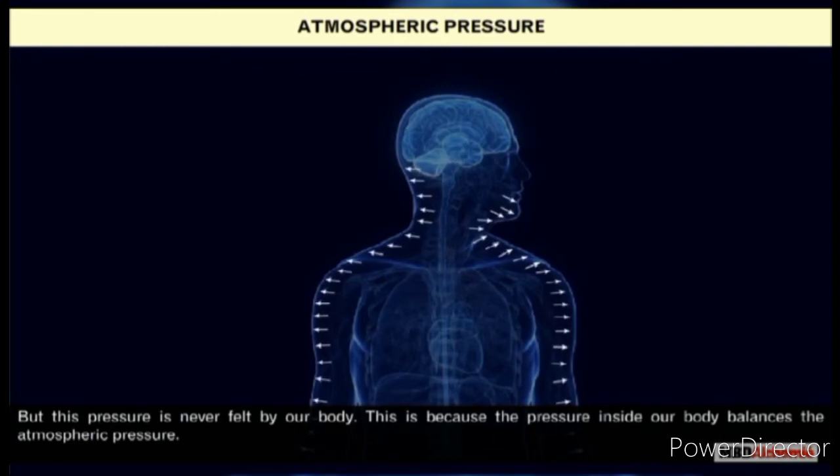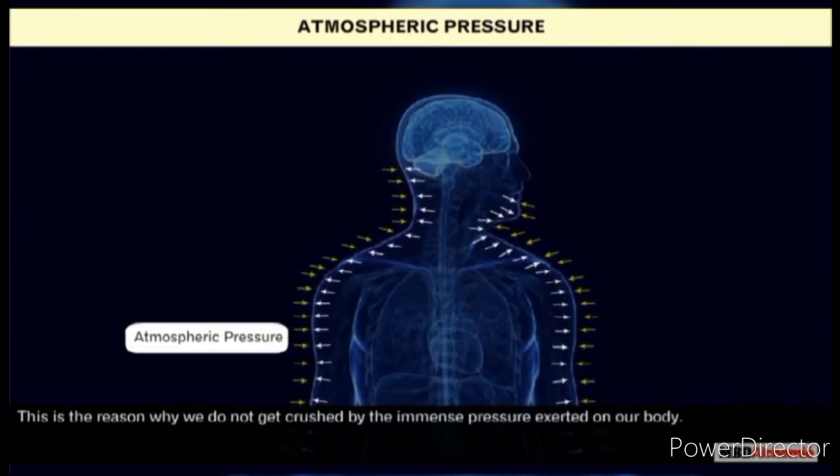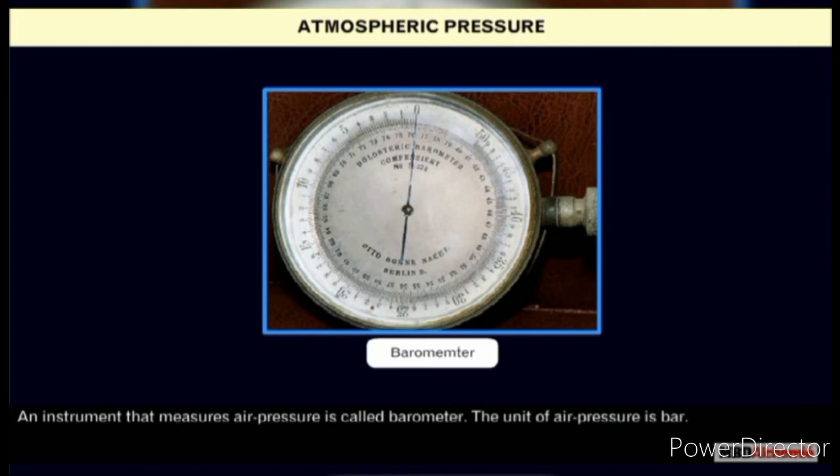This is because the pressure inside our body balances the atmospheric pressure. This is the reason why we do not get crushed by the immense pressure exerted on our body. An instrument that measures air pressure is called barometer. The unit of air pressure is bar.